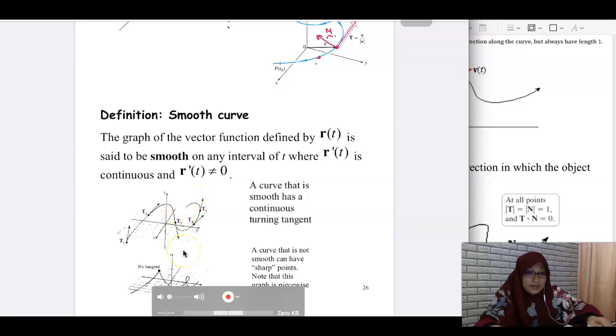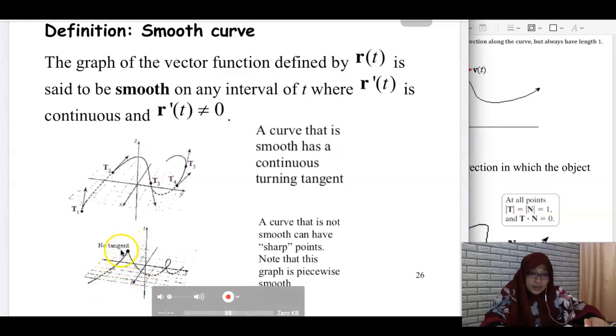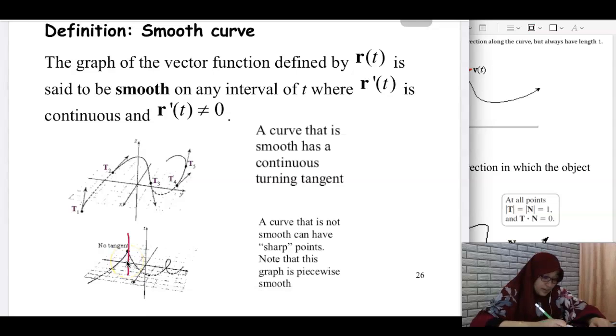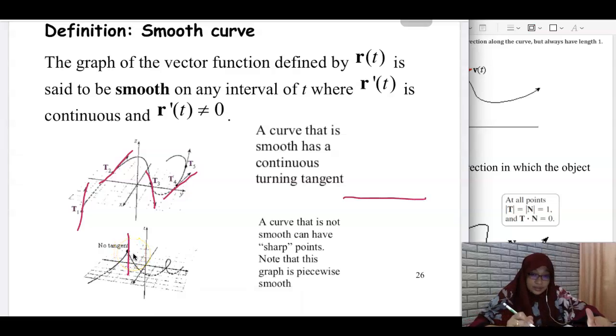However, down here it is not smooth, because you can see here the r prime, the tangent, is infinity. This one you can have some slope, this one also some slope, and here you can evaluate the slope. But for this particular form, if you have a horizontal line, the slope is considered 0, and for this one it should be some number.